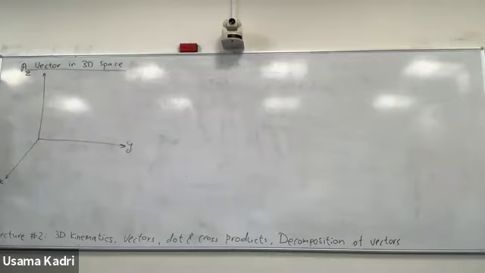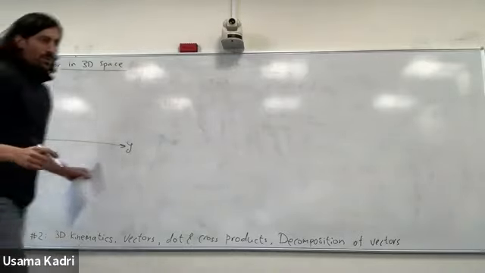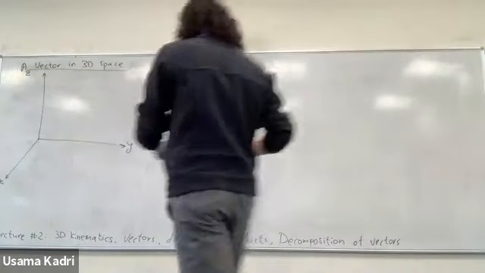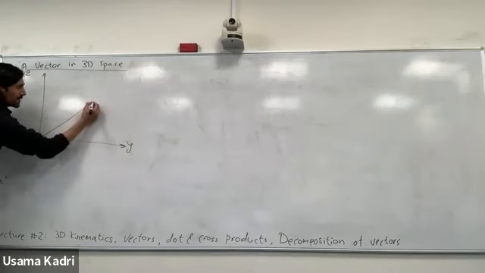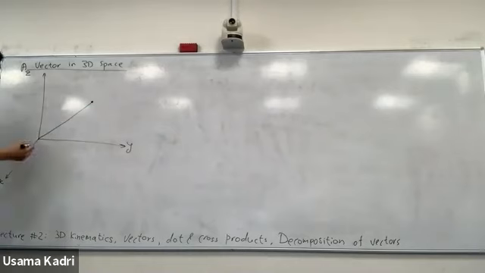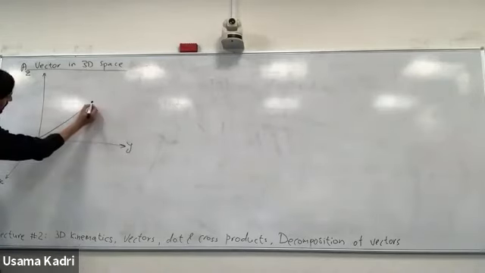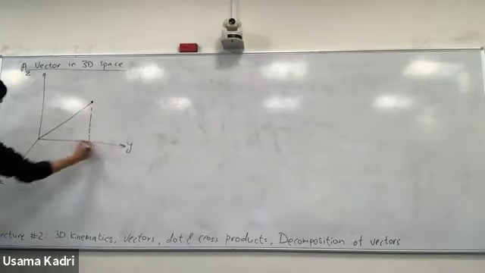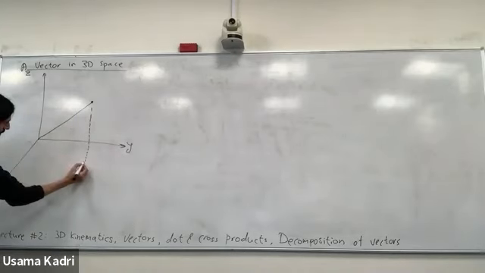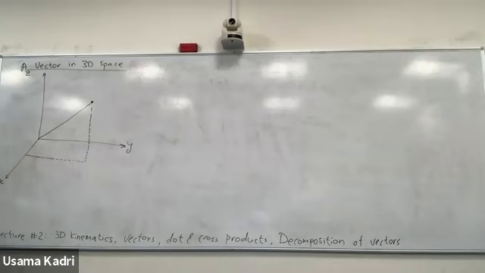So we have x, y, and z, and we have a vector. I'll try to draw it in space. I can't draw it in space, but I'm going to try to do the following. If I take the projection first in the x-axis, so the distance, okay, I'll explain all these.